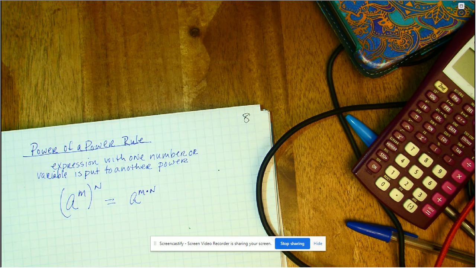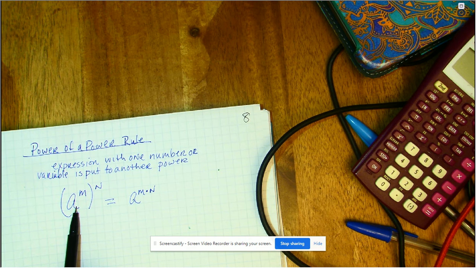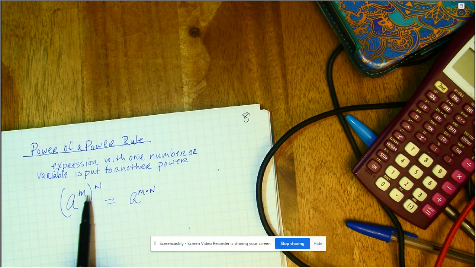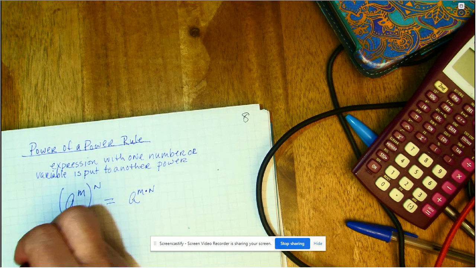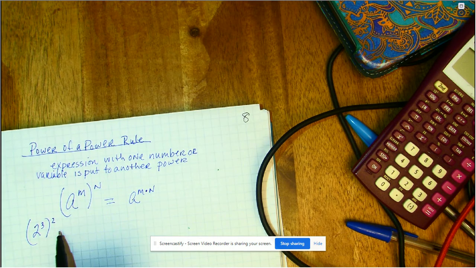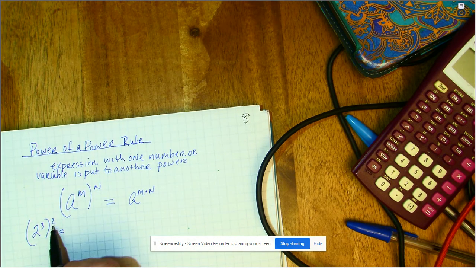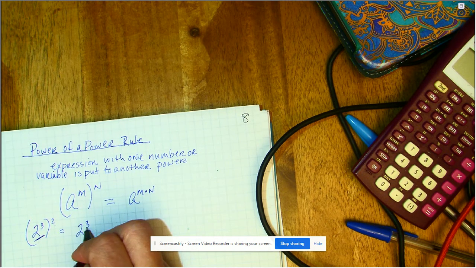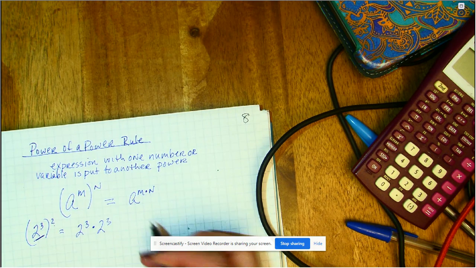Just like before, we looked at this as repeated multiplication, and this is also repeated multiplication of multiplication. That's why we have our powers being multiplied. An example would be 2 to the third power to the second. This tells us that it exists twice, so it's like having 2 to the third times 2 to the third.